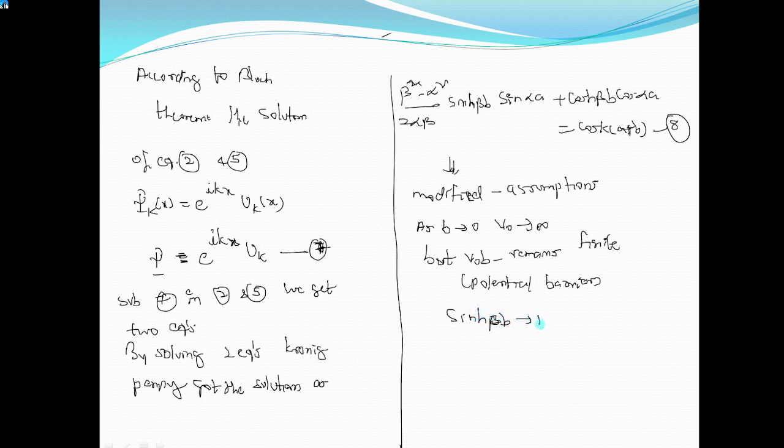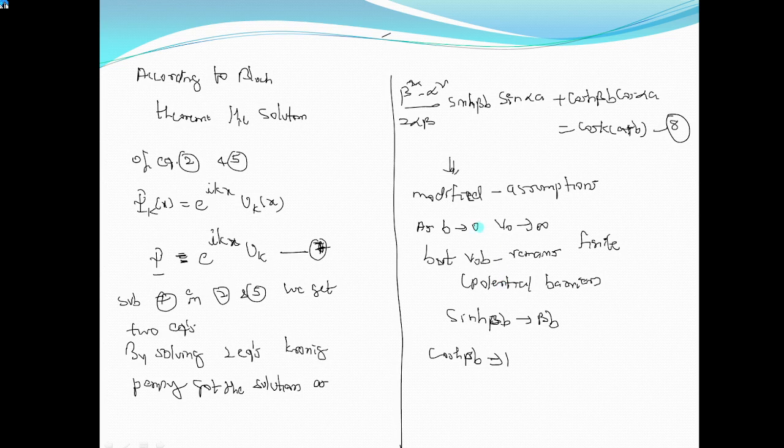So the next assumption is, if sinh beta b is there, take it as beta b. If cosh beta b is there, take it as 1.